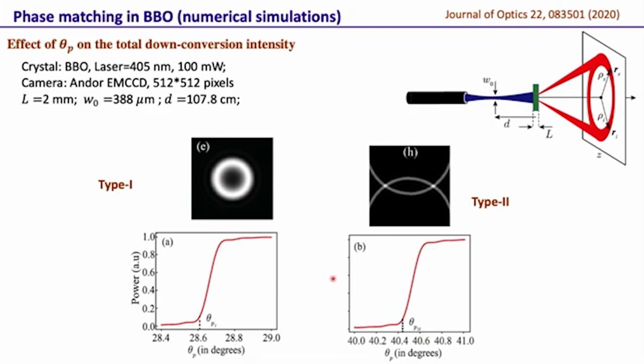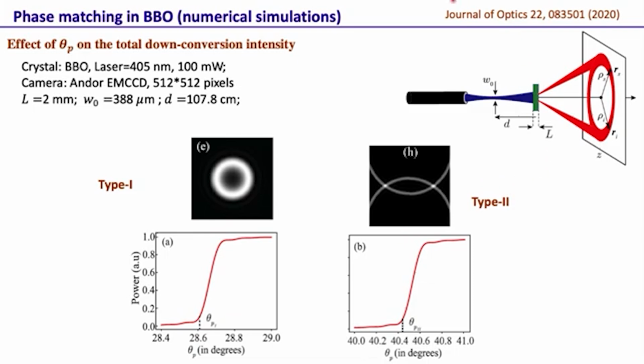Now let me comment here that when we are at 40, the type 1 is still being satisfied, but as we saw, when we go from 28.6 to 29, the ring already becomes quite big. So if we go 10 more degrees to 40 degrees, the type 1 ring has become huge. It is somewhere over there, but it is actually there. So at 28.8, we only have type 1, but at 40, we have both type 1 and type 2.